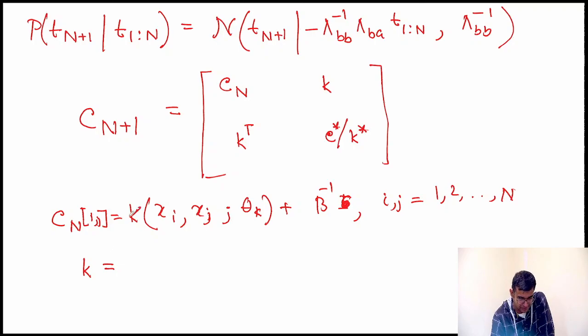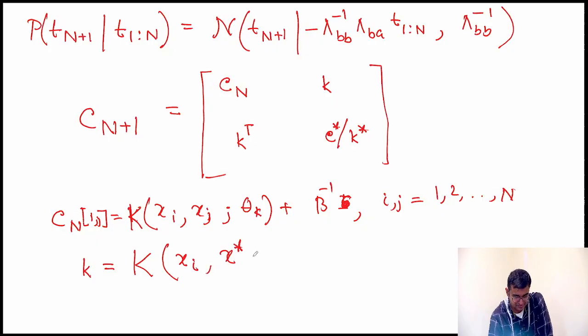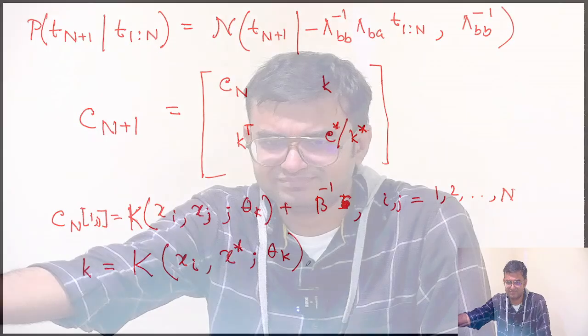This is capital K, the kernel, of xi comma x star; theta k, where i goes from 1 to n. So it gives you an n cross 1.